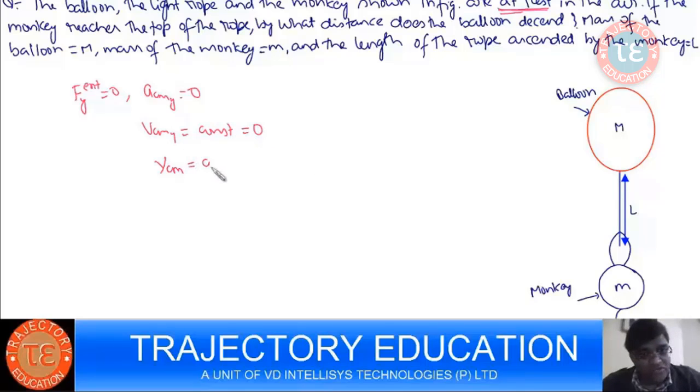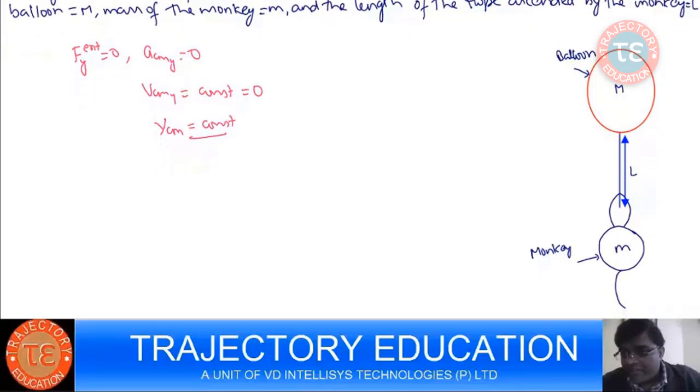So YCM has to remain constant. If the y position of one body is increasing, the y position of the other body must be falling, in order to maintain YCM constant. Getting the point or not?